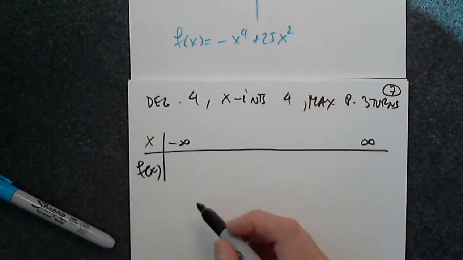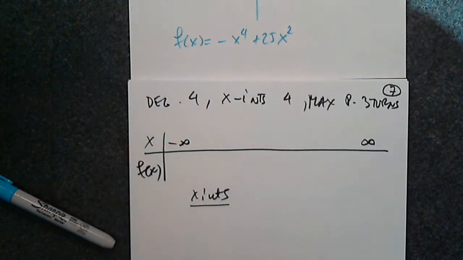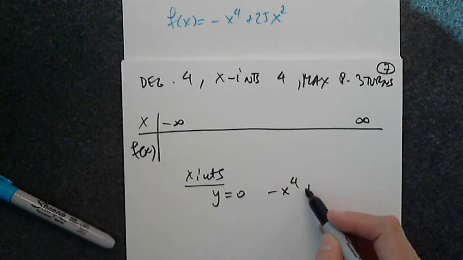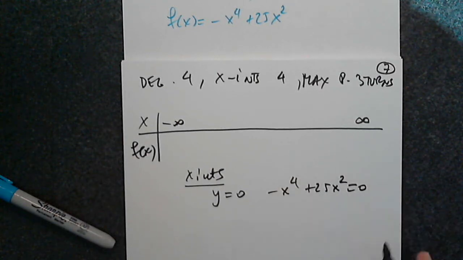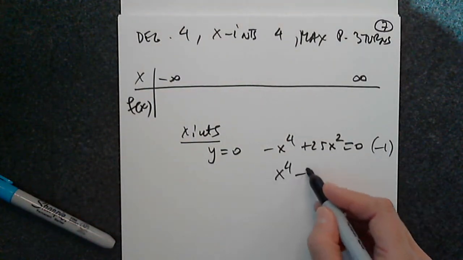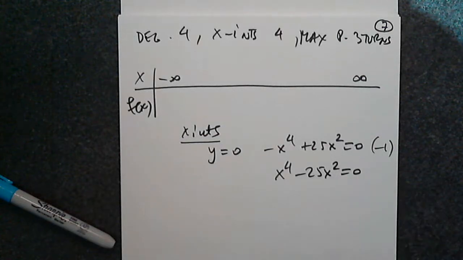So now when I find the x-intercept, meaning I have to set y equal to 0, I have negative x to the 4th plus 25x squared equals 0. Like always, we will have to multiply or divide by negative 1, and we get x to the 4th minus 25x squared equals 0.